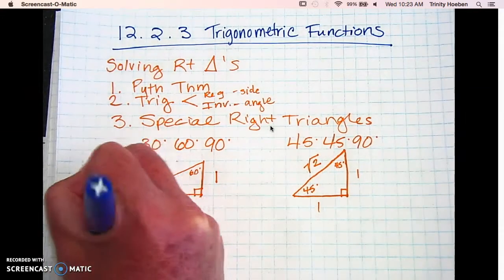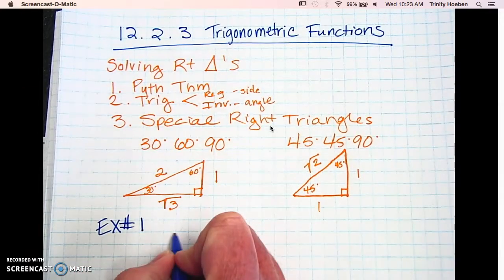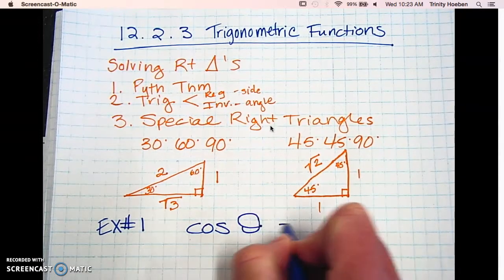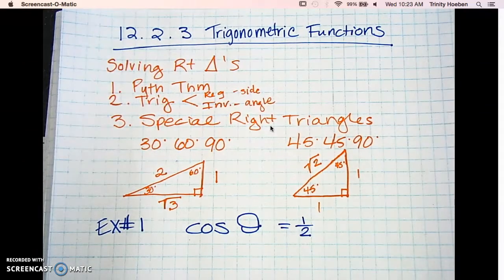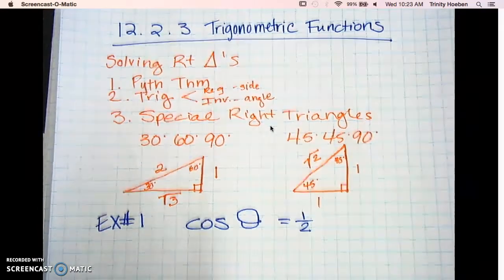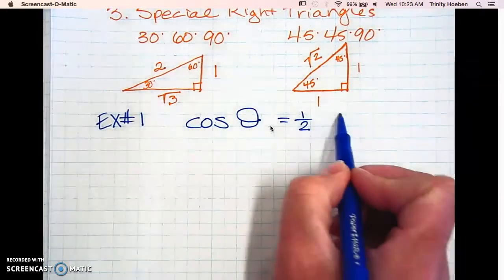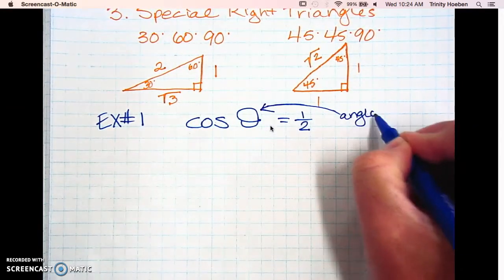So on your assignment, you're going to see questions sort of like example number 1 here, where it's going to say something like the cosine of theta is equal to 1/2. And they're going to want you to solve and say which angle that is, okay? So theta, that little symbol right there, just means that it's an angle.